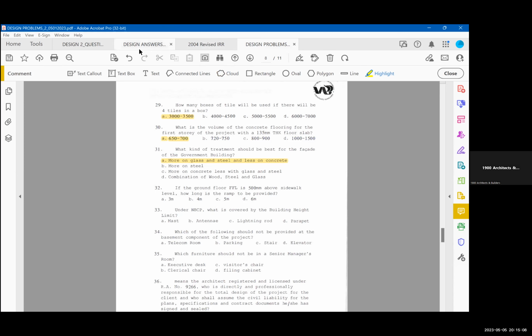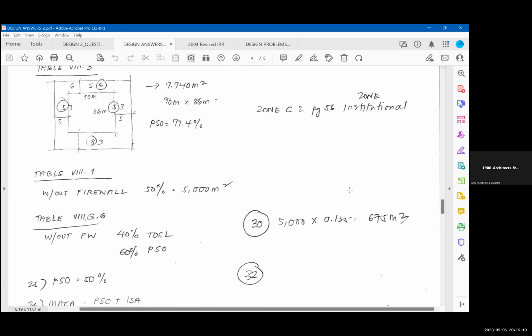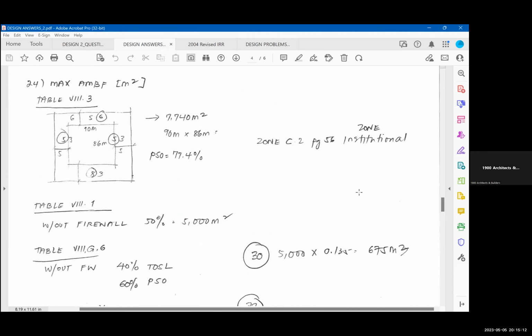So, let's go back to check natin. So, kung ang ground floor daw is 500 mm ang layo niya, ang taas niya dun sa front. So, kung magra-ramp tayo from the sidewalk, ay gano'ng kataas.